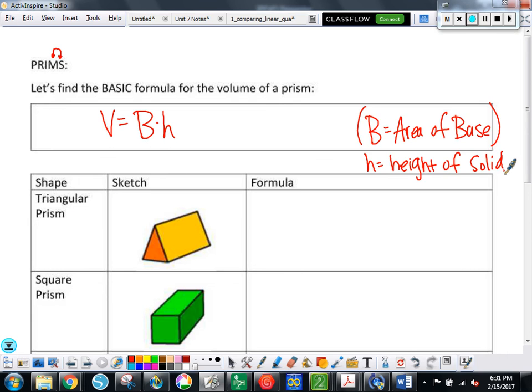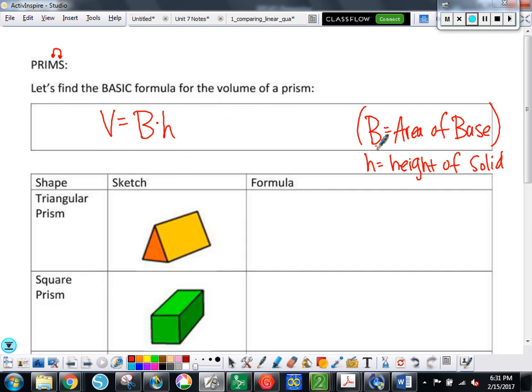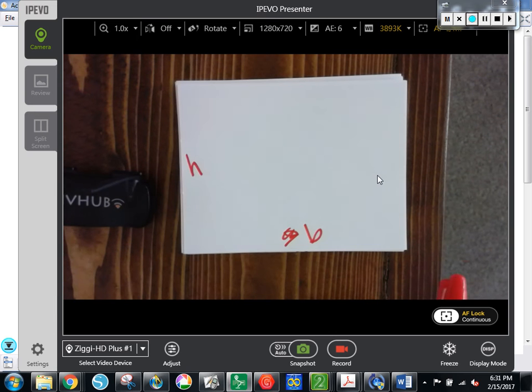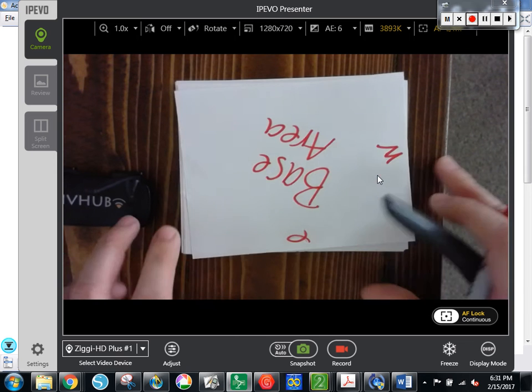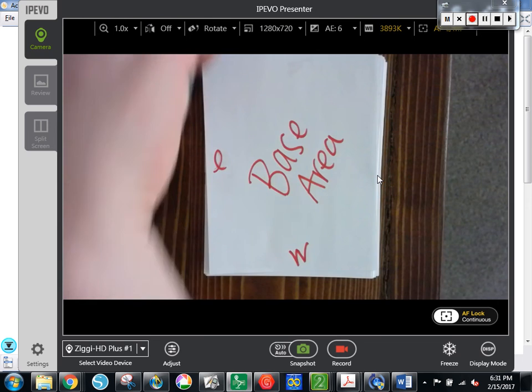One, this b could be confused with this b, and another, this h could be confused with this h. So when we are talking about the area of a rectangle, a square, or a triangle, we want to use length times width rather than base times height, because both of those are acceptable.